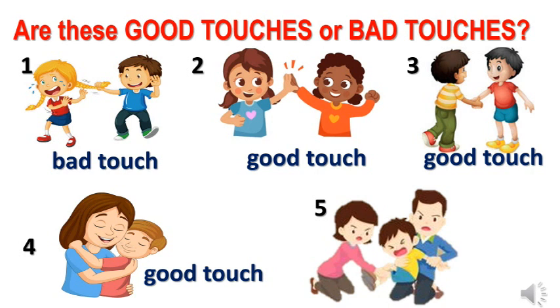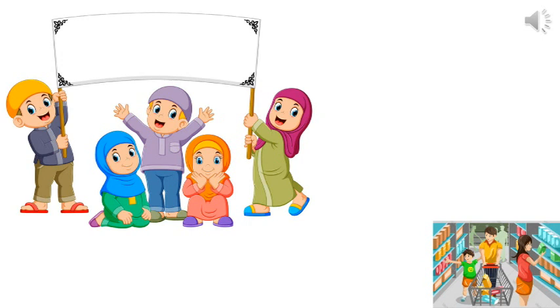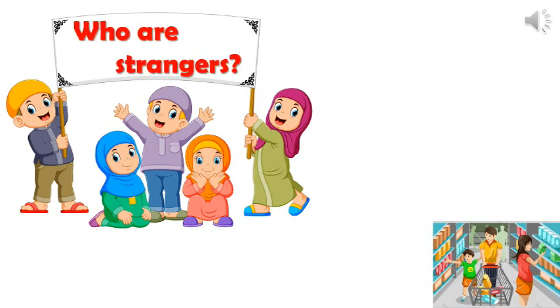Oh, what are they doing? They're hurting him, right? So he's about to cry also. Is he feeling safe? No, he's feeling unsafe. So it's a bad touch, right? So this is a very bad touch. I hope you all understood about good touches and bad touches, and I hope you can all identify them in real situations also.